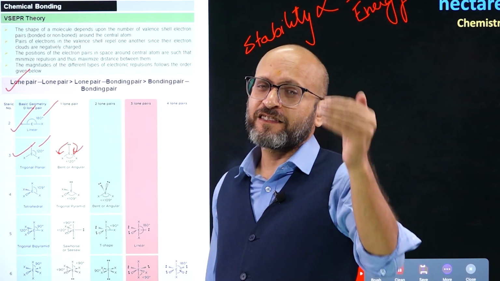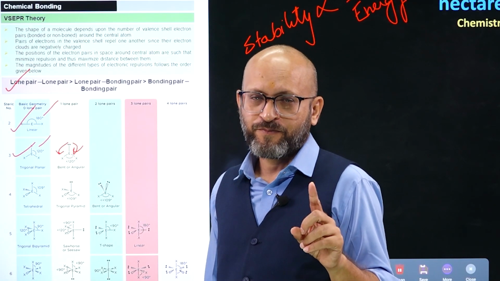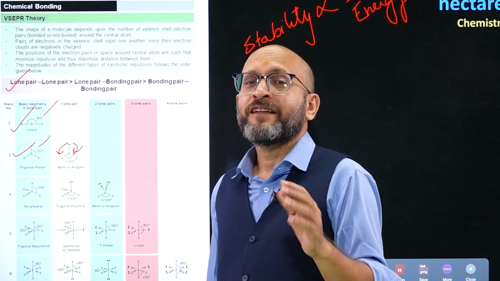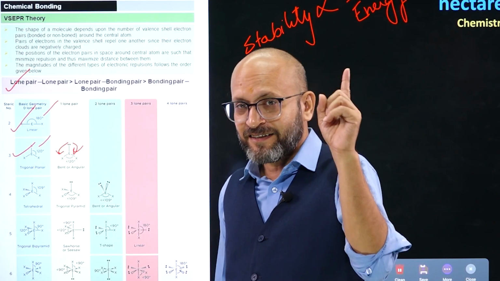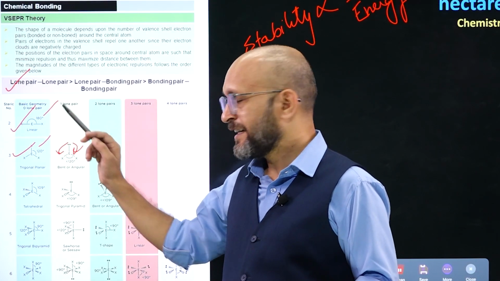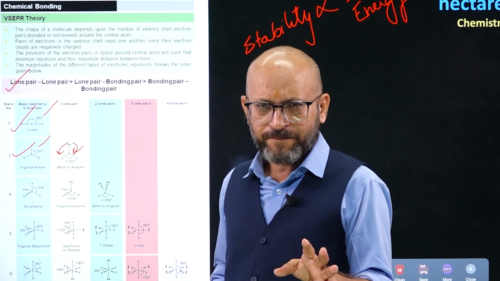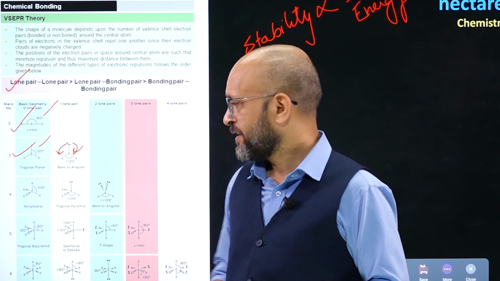Whenever lone pairs increase, the bond angle decreases. Lone pair disturbs bond angle. When a lone pair comes, the bond angle is not perfect. It will always be less than the value expected, right? So in EX3 there was no lone pair, but here we have a lone pair, so the bond angle is less than 120.